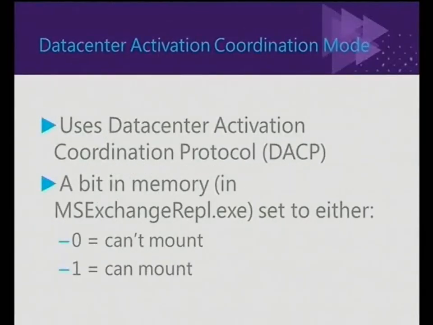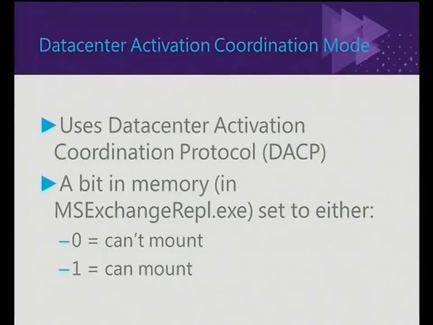So how does DAC mode work? Well, it uses this extremely fancy protocol called the Datacenter Activation Coordination Protocol. Fancy, fancy name. Fancy name that I just made up, literally, because I had to document it. And internally, when we developed this protocol, it was called the Mommy May I protocol, okay? Because it has to ask permission. And you'll see how that works again.